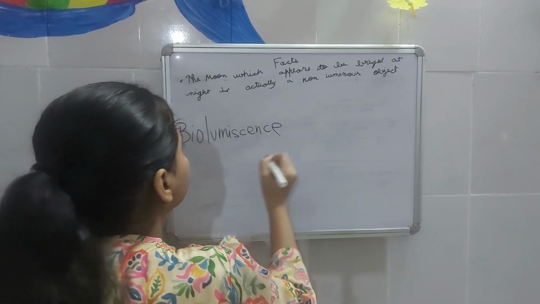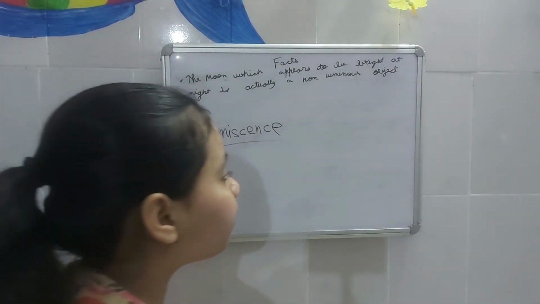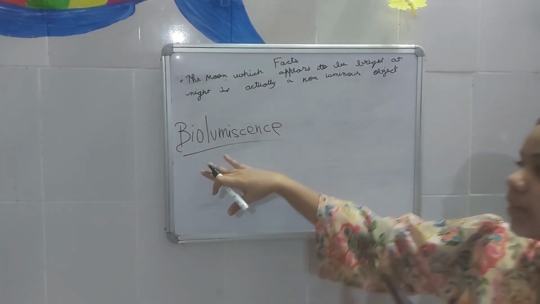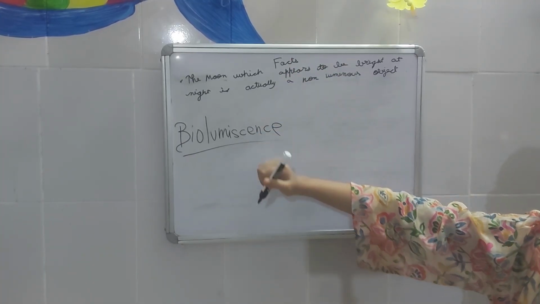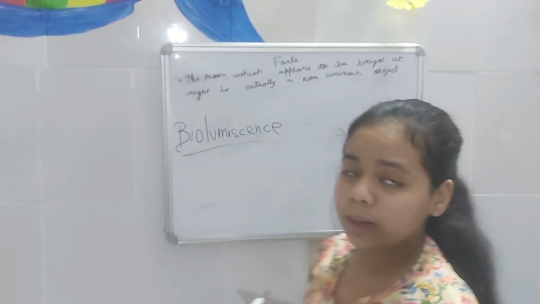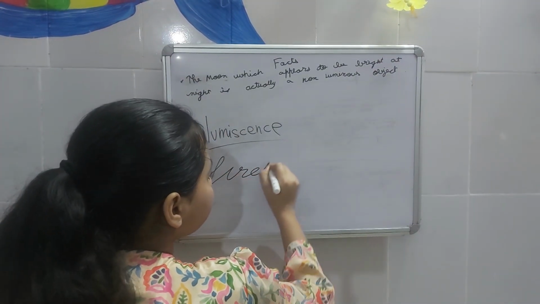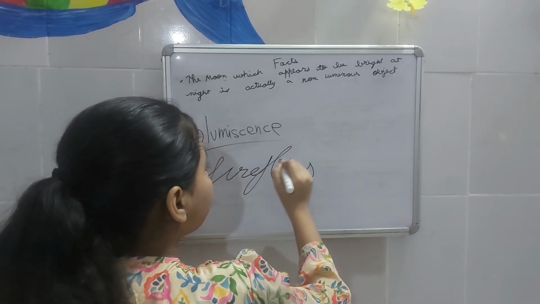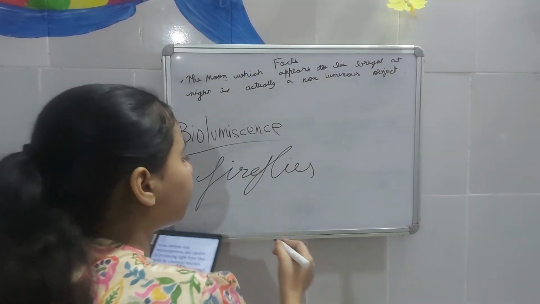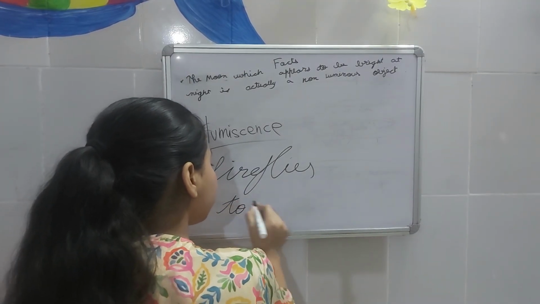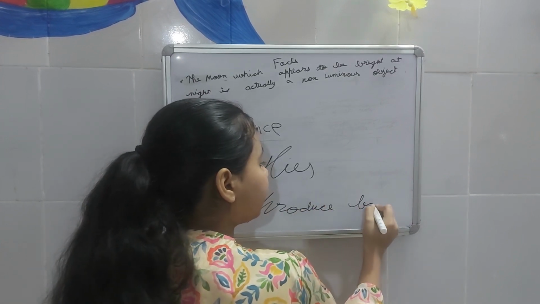Bioluminescence. This is the spelling, bioluminescence. So at the back of their body they have this chemical, bioluminescence. Because of this chemical, the microorganisms or fireflies are just able to produce light.